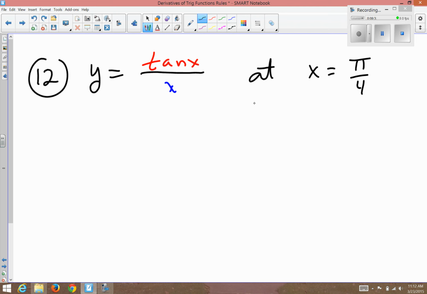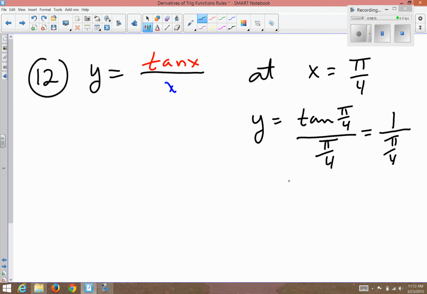When x is pi over 4, y is equal to the tangent of pi over 4, over pi over 4. And I need to know by heart that the tangent of pi over 4 is 1. 1 over pi over 4 is the same as 4 over pi.